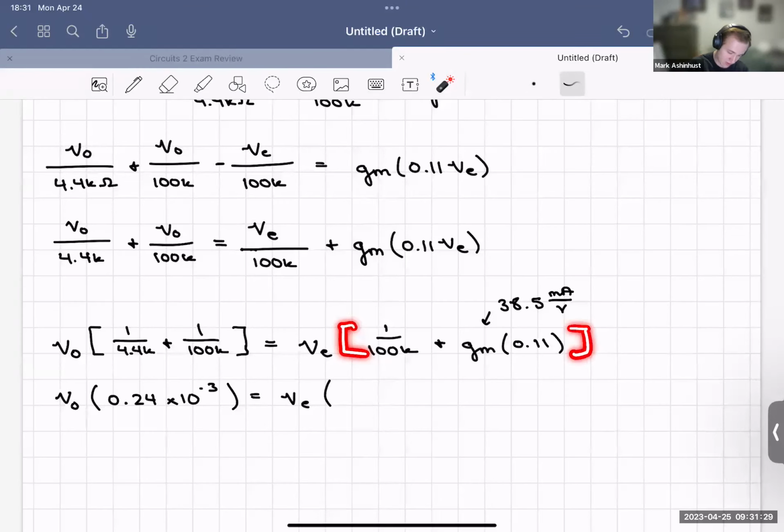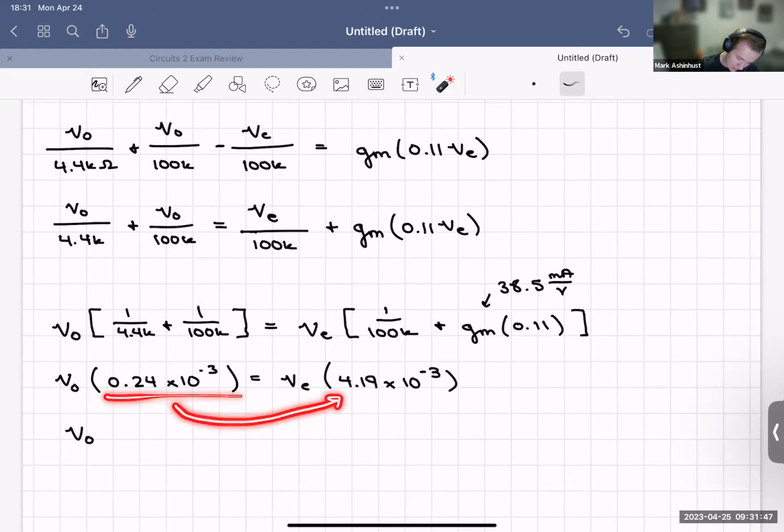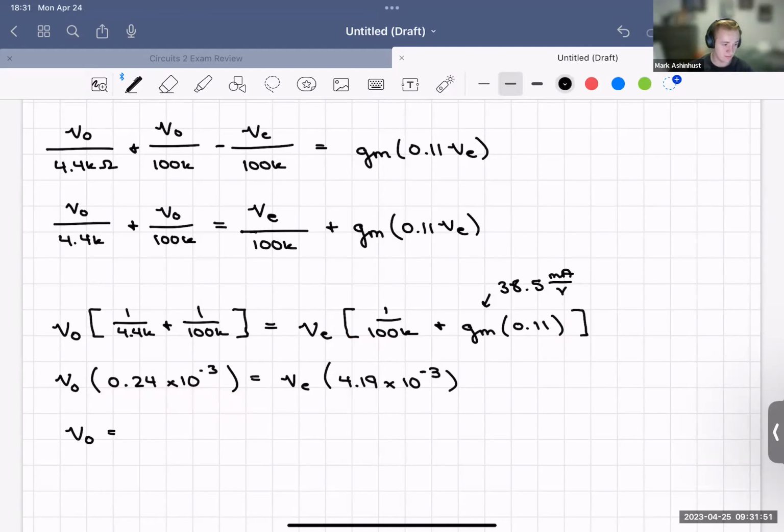And then we'll get 4.19 times 10 to the negative 3. And we could solve for V out by dividing. We'll divide this over here. So V out is equal to a value times VE, which ends up being 17.5 times VE.